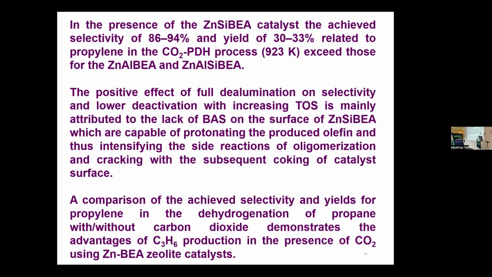The positive effect of the elimination on selectivity and lower deactivation with increasing turnover frequency is mainly attributed to the lack of basic sites on the surface of Zn-SC-beta, which are capable of protonating the olefin products and thus intensify the side reactions of oligomerization and cracking with the subsequent coking of the catalyst surface.